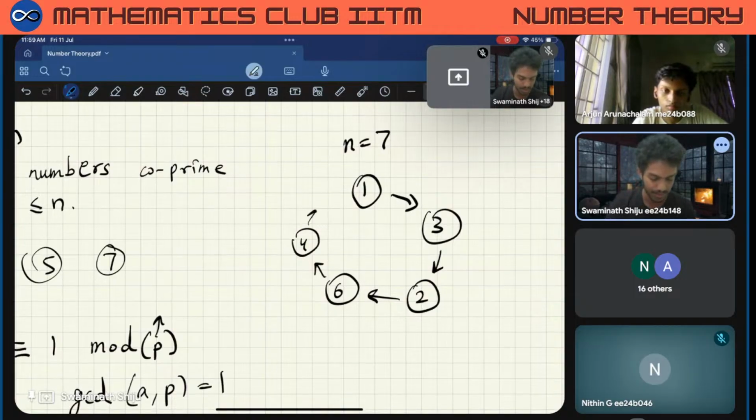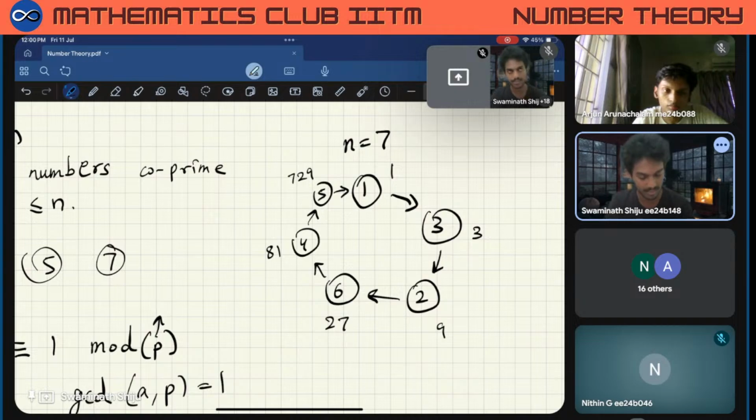So we'll go to 5. And that will go back to 1. If you take remainder with 7, you get a cycle.